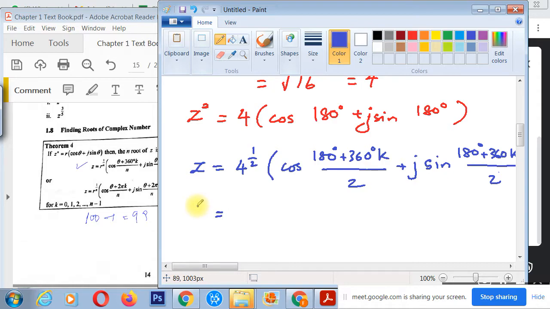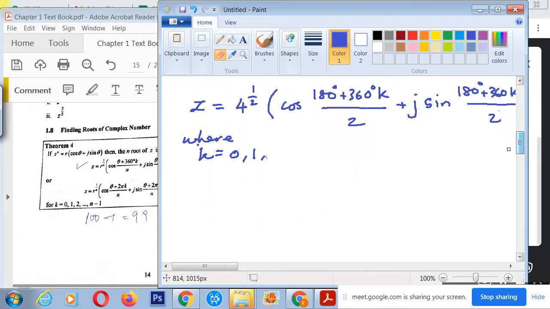K is 0, 1, up to N minus 1, so 2 minus 1, so there is 1. So no need, this is equivalent to this. Alright, so if K is 1, we have 2 roots only for this equation.